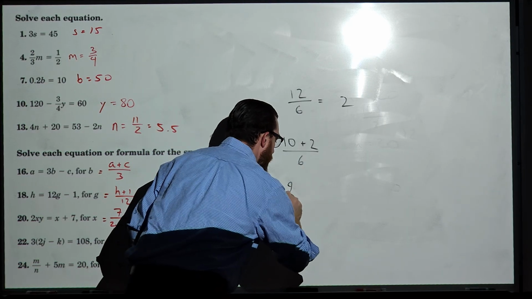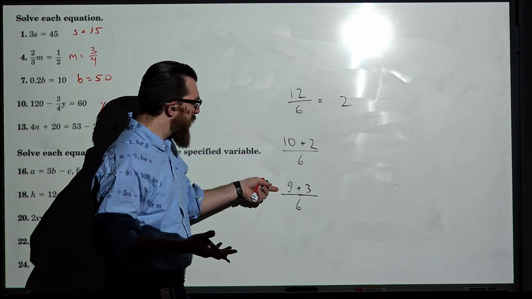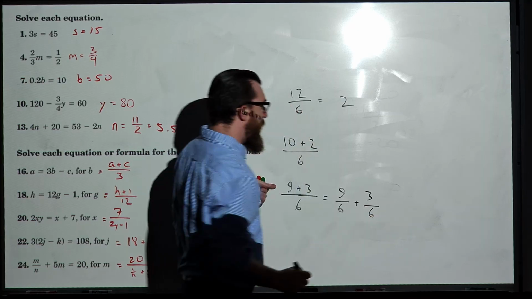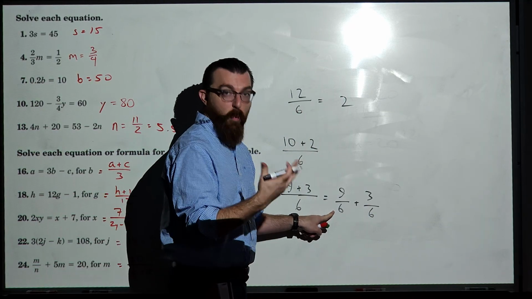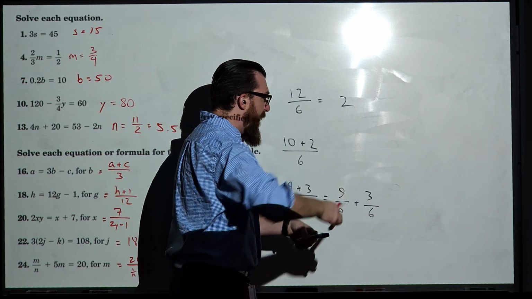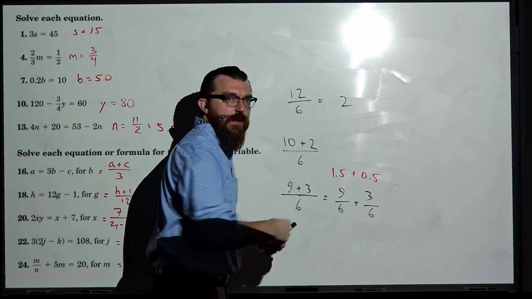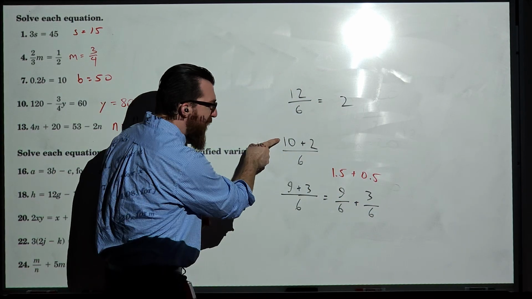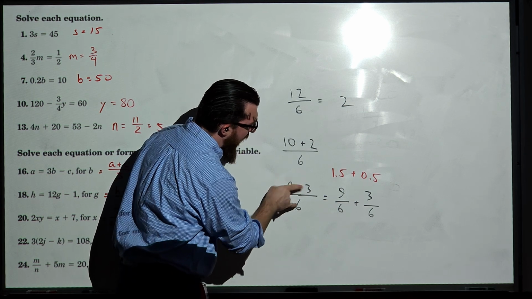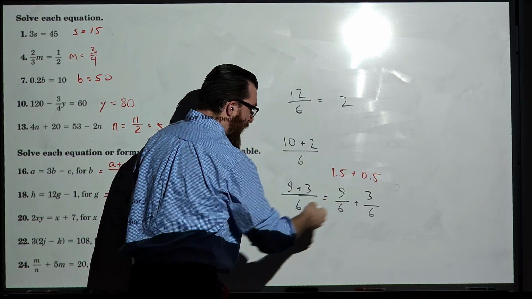Let me try this one. 9 plus 3 over 6. 9 plus 3 is 12, so this would be the same thing as 9/6 plus 3/6. 9 over 6 is 1.5. It reduces to 3/2. And 3 over 6 is 1/2, which means that this whole thing is 1.5 plus 1/2. Of course, that's equal to 2. So when you have a sum in the numerator, you can reduce that because of this property that you can split up the fraction.